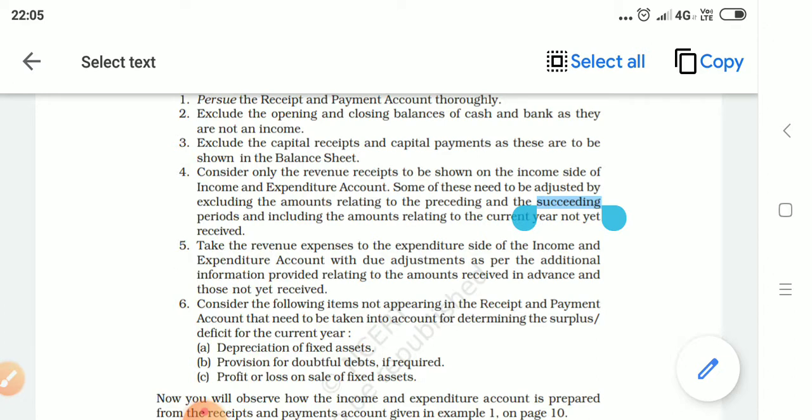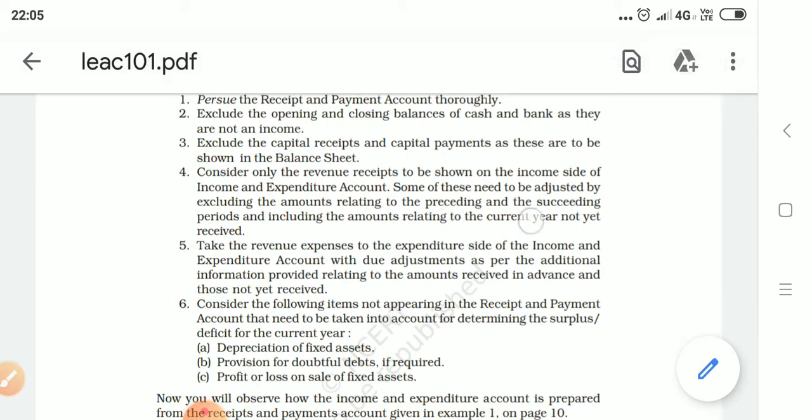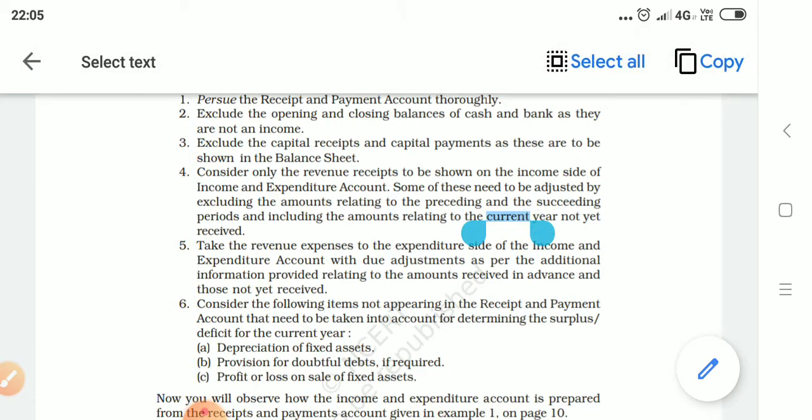Similarly, any income or expense which belongs to the current year but not yet received, that is income accrued or expense outstanding, has to be added. This will not be there in the receipts and payment account, but it has to be added. So this is a major important point which you have to keep in mind.